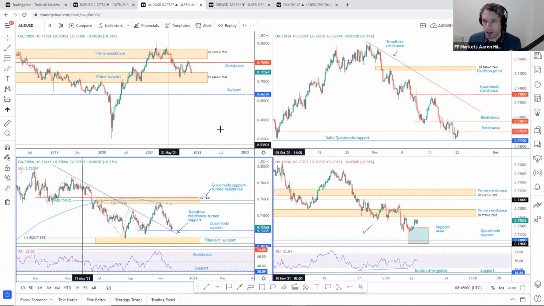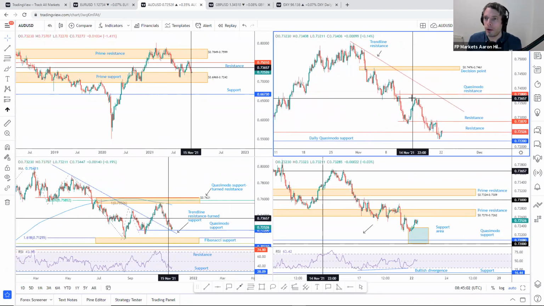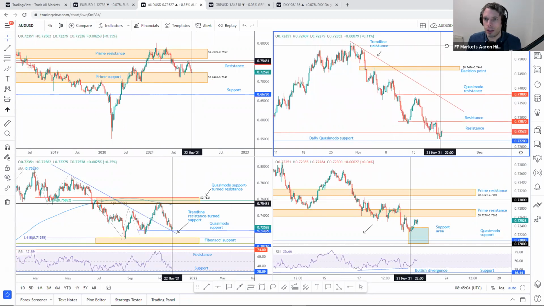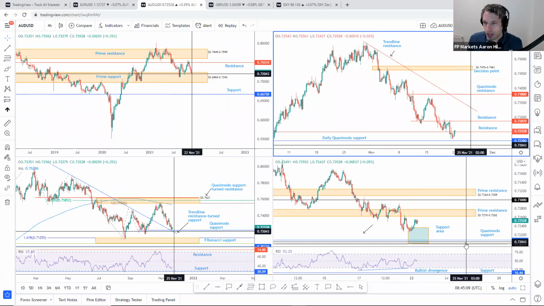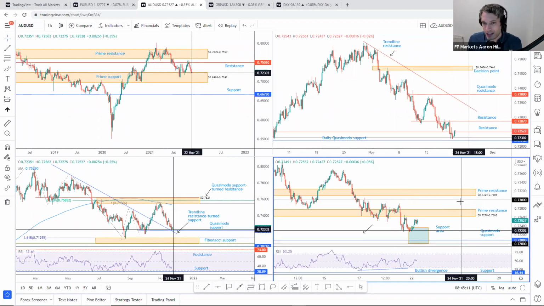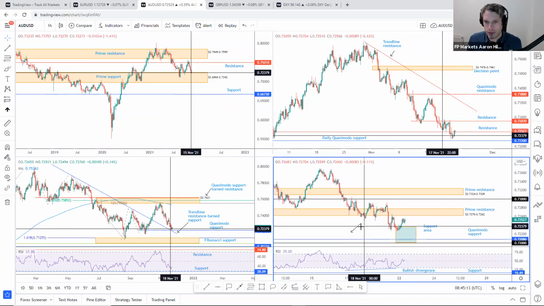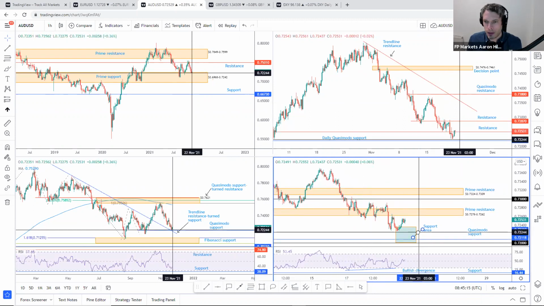So in terms of observed levels on the charts, adding the H1 Quasimodo support at 72.08. This is the H1 time frame here. I don't know why the arrow's moved. That should be there.